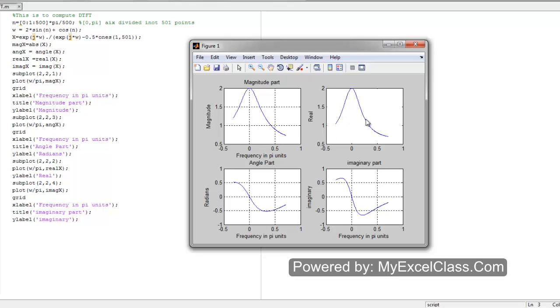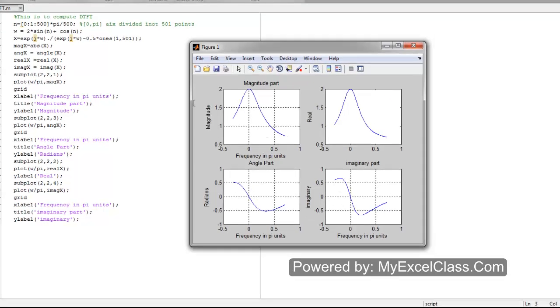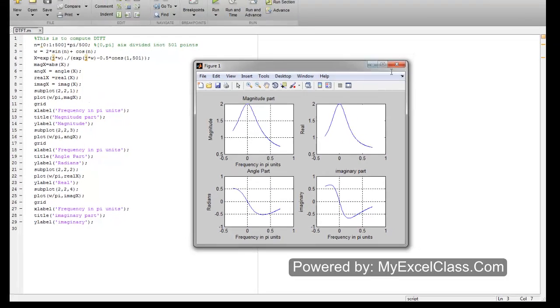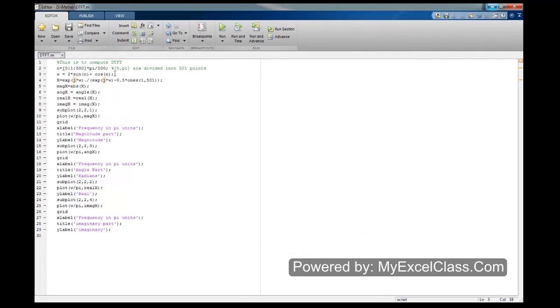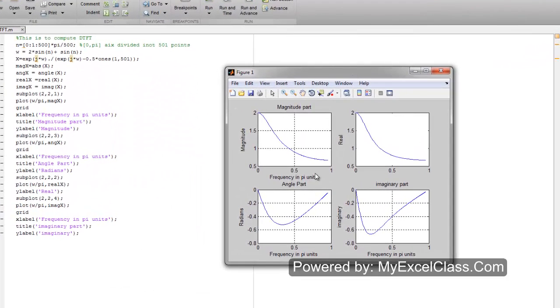Same is the case for this one, and frequency in pi radians, because the cosine has been added to the signal. That's why. If you convert that to sine, you see the frequency increases over here. This is the real imaginary part, this is radians, and this is magnitude. So this was a small example of how you can calculate and plot the discrete time Fourier transform using Matlab.